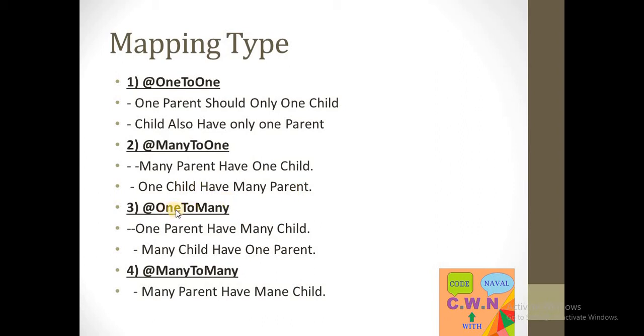The third one is one-to-many. One parent has many children and many children have one parent. The fourth one is many-to-many. Many children have many parents. We will perform all these annotations, and we will see each example one by one.